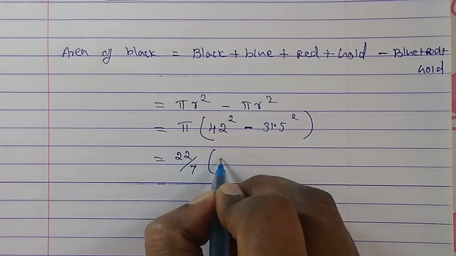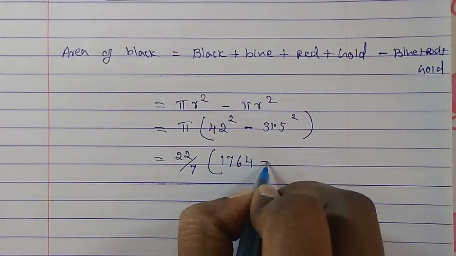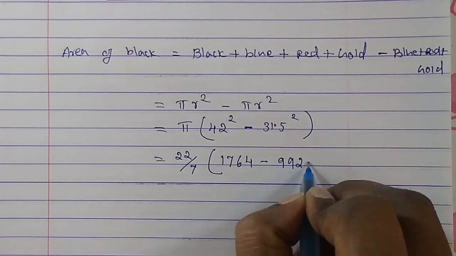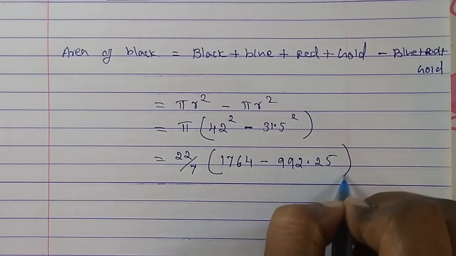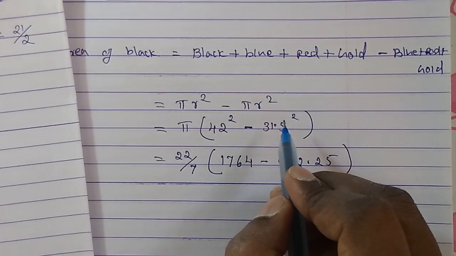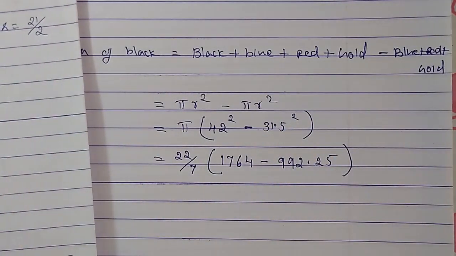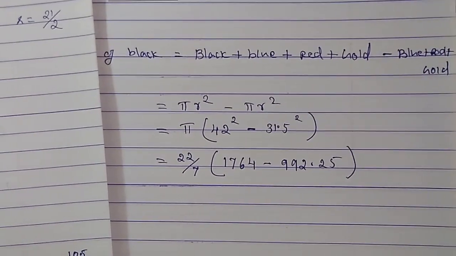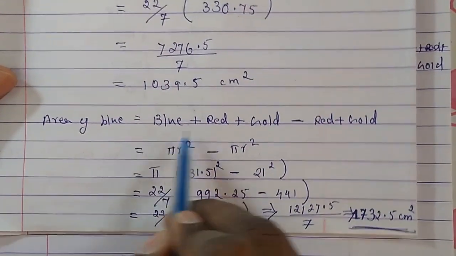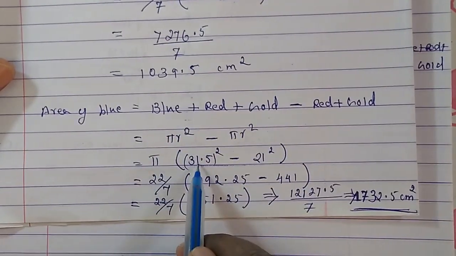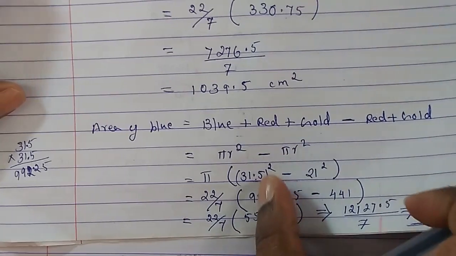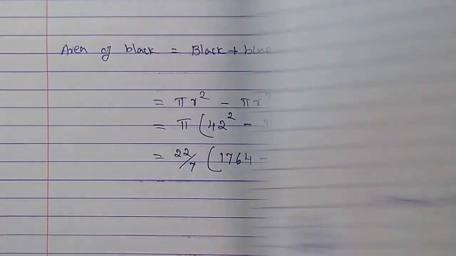So put the value of pi. 42 square will give us 1764. 31.5 square will give us 992.25. This you don't need to calculate because you have it here, blue, red, gold of this radius you have taken it here. So same value you are getting, so no need to worry about it.